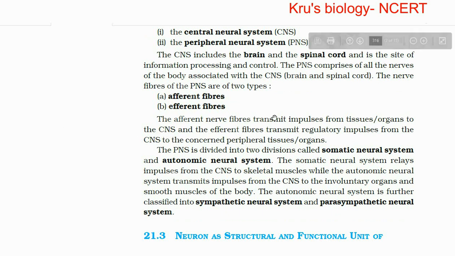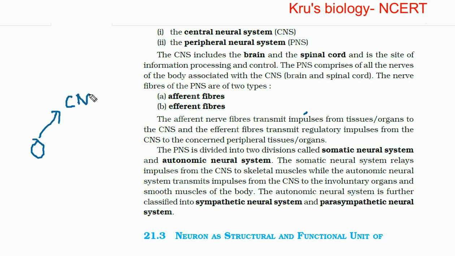If you want to understand more about how they transmit, see the previous videos of class 9th. So afferent fibers transmit electrical impulses, called nerve impulses, from the tissues or organs of our body to the central nervous system.